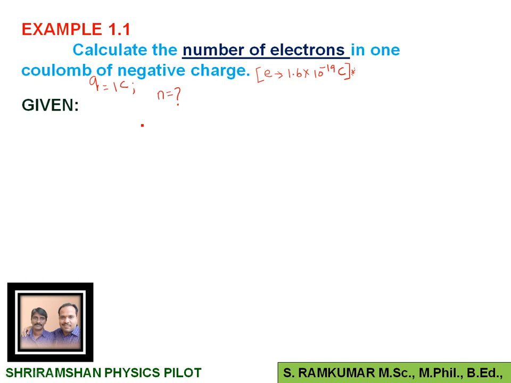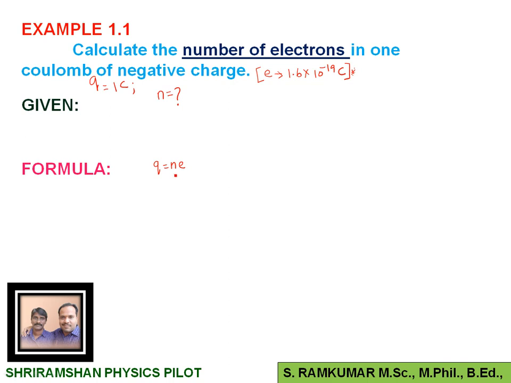So in this case, you are going to find the number of electrons N. Next one is the formula you have to write. So the general formula, that is Q will be equal to Ne, is the general formula.